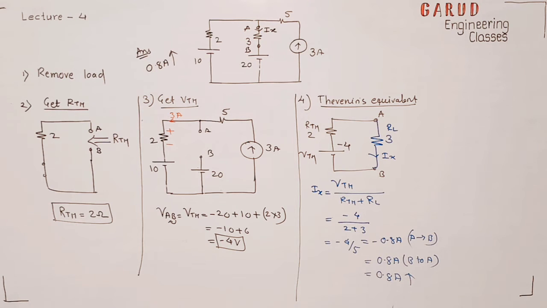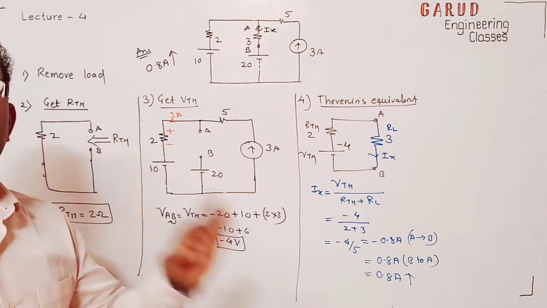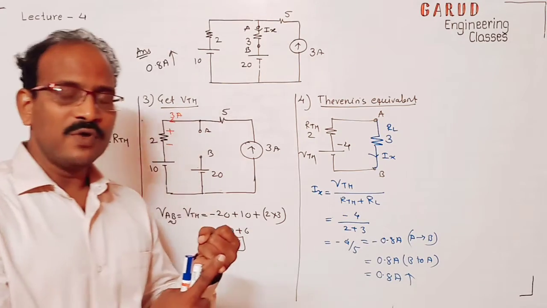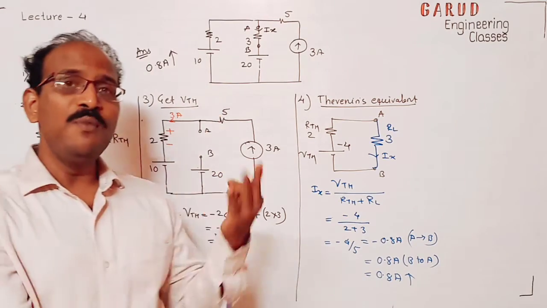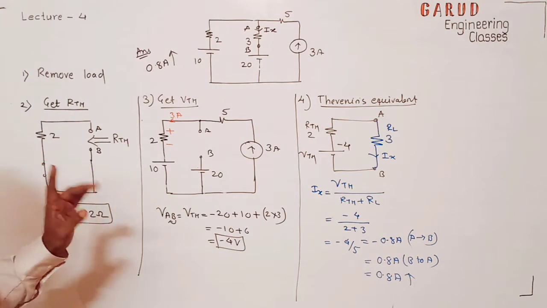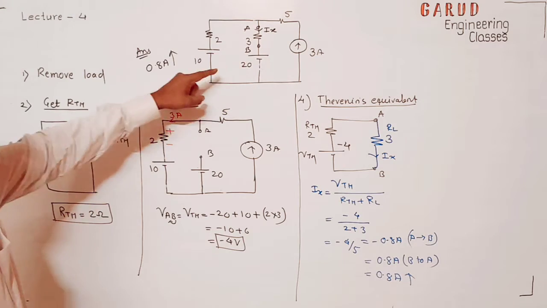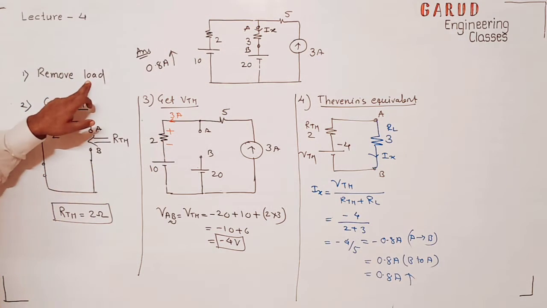In theorems, in superposition, we don't remove load, but in all theorems, Thevenin's theorem, Norton theorem, maximum power theorem, we remove load. Okay? Only in superposition we don't remove load. So first thing we have to do, current is asked here. So first remove load.